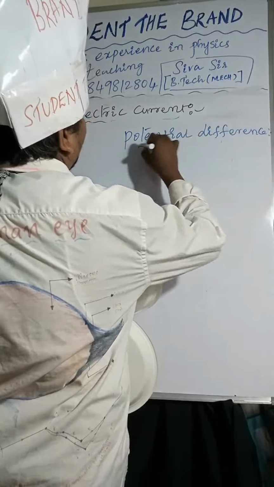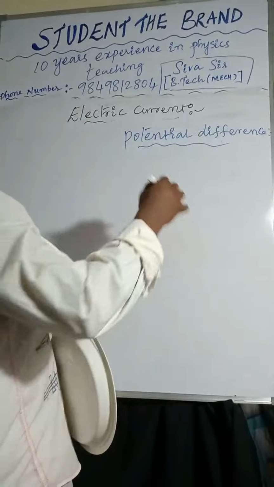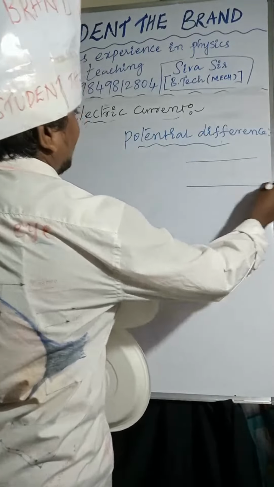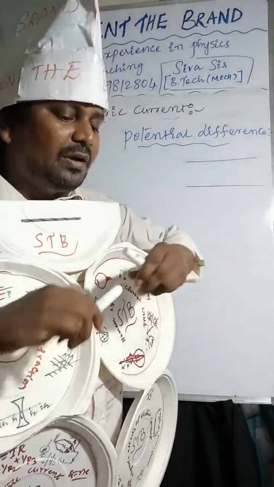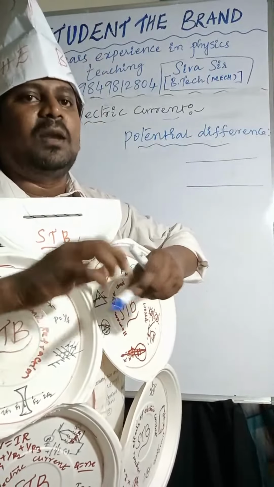Potential difference is nothing but, if you are considering within the conductor, the electrons will move from one point to another point.